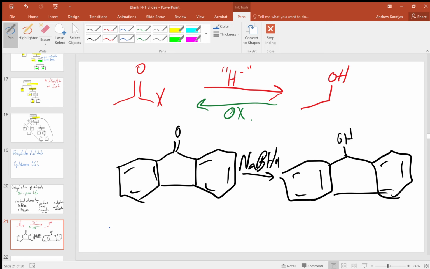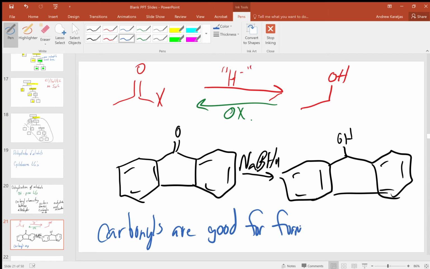And the reason that that matters is that carbonyls are generally very good for forming carbon-carbon bonds.